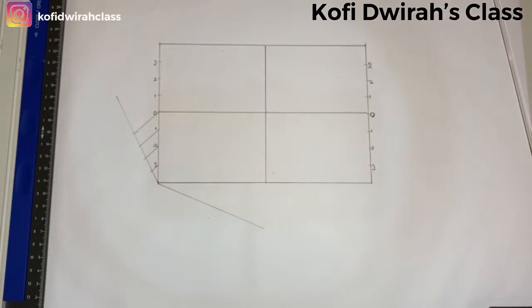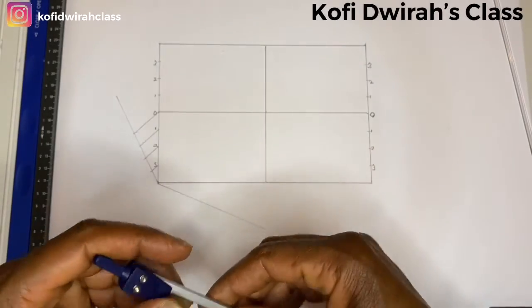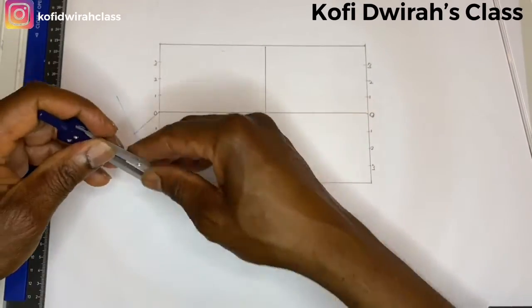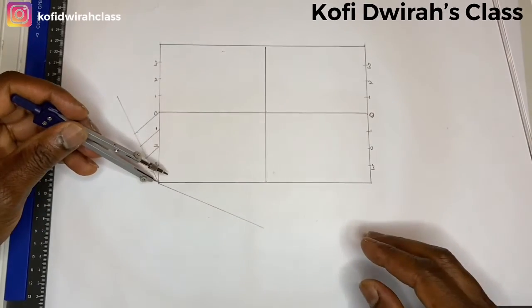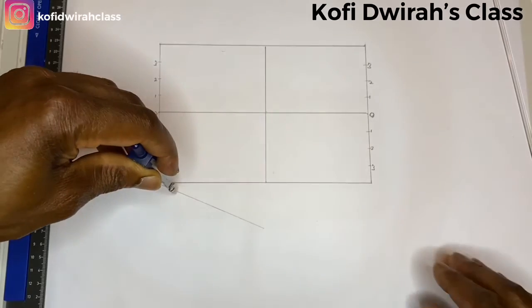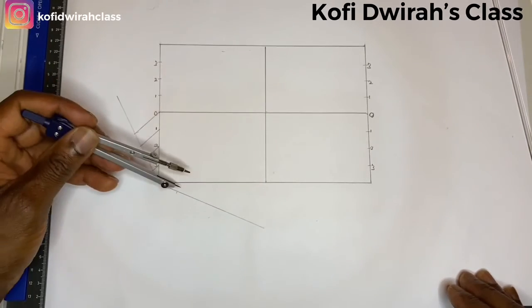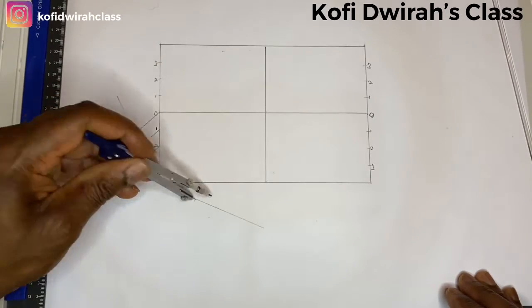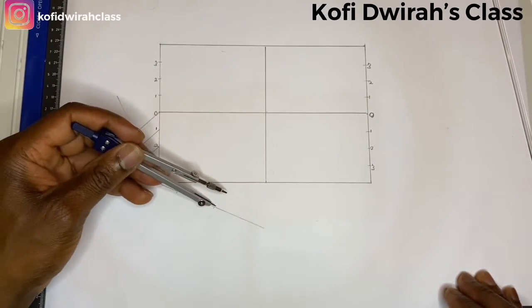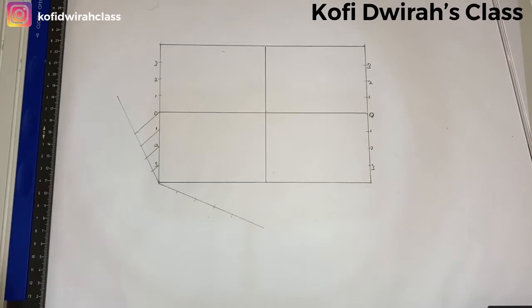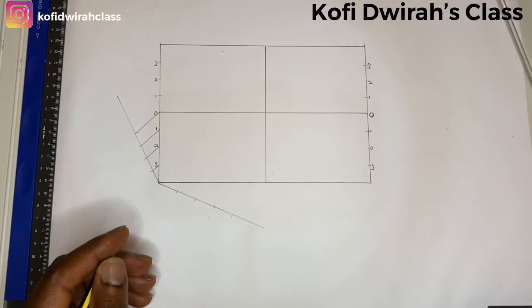Then with our compass, we just mark 4 parts from here. Any radius, we have 1, we have 2, we have 3, we have 4. So we have this.